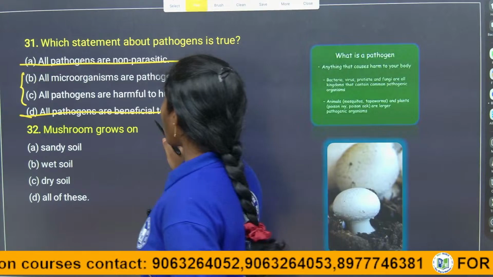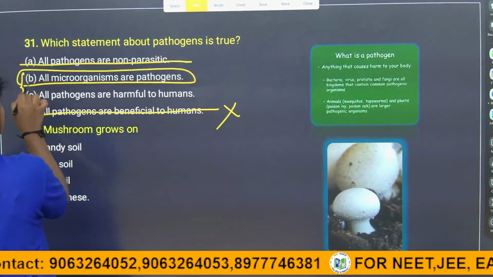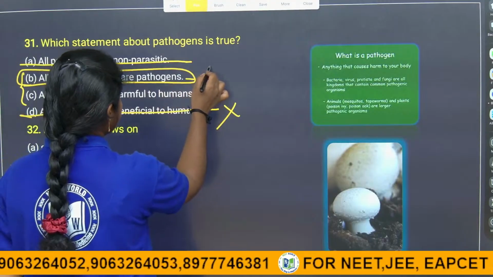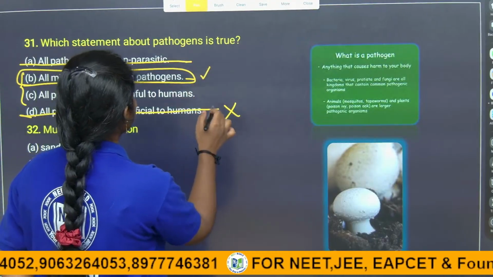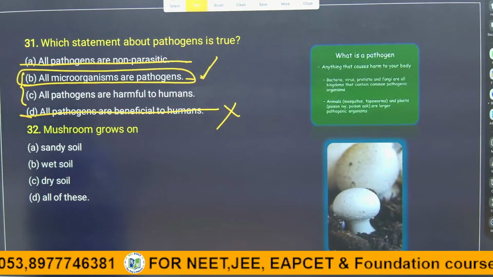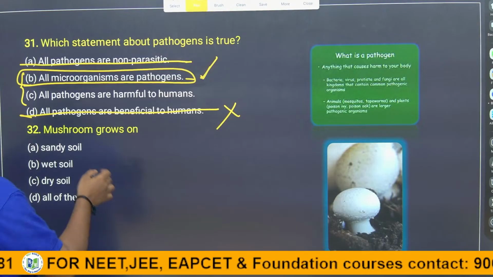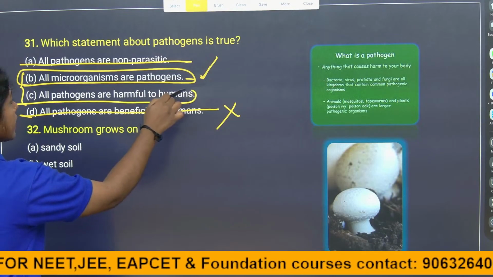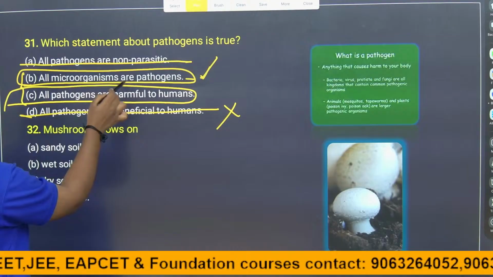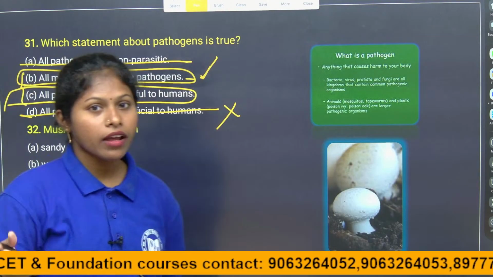So here, not all microorganisms are pathogens. Some are helpful to us also. So for this question, children, C is the correct answer, because saying all microorganisms are pathogens is not the correct statement, since some are helpful to us.